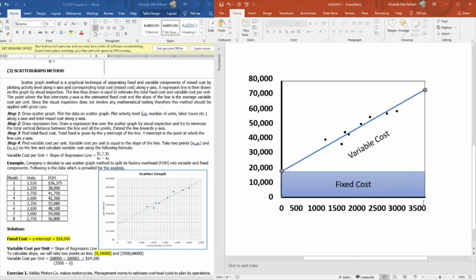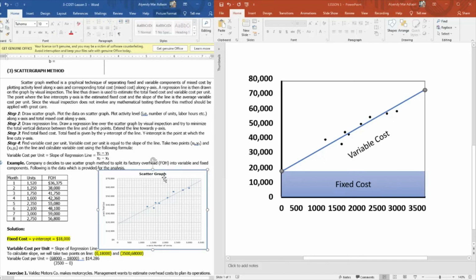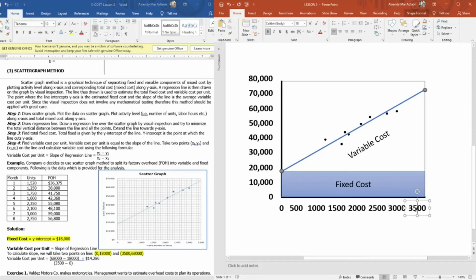That's 3,500 for the number of units and 68,000 for the total mixed cost. We will not argue anymore whether it lands on 68,000 or 78,000. It doesn't land exactly just because this is made manually, but according to the auto-generated graph, it lands on 68,000 on the regression line. So we have our second set, 35,000 and 68,000.